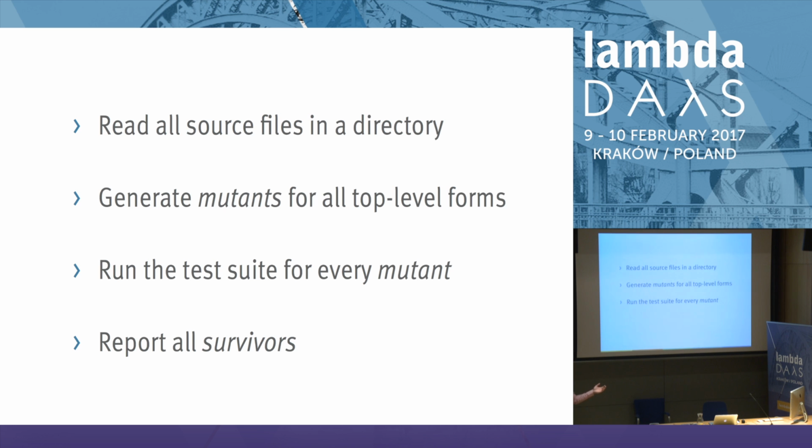It runs the test suite, which it finds in your test directory, for every mutant it generates. And then it reports all the survivors. All the survivors are all those mutated variants of your Clojure code which didn't cause your test suite to turn red. Let's talk about those steps in a bit more detail.